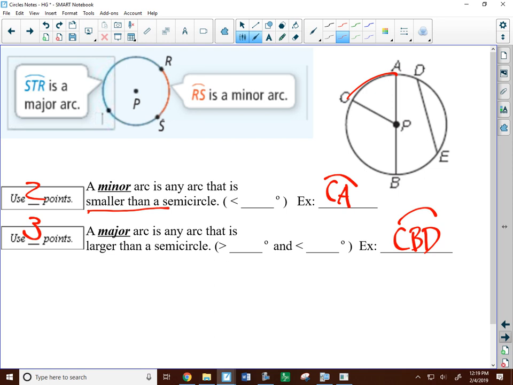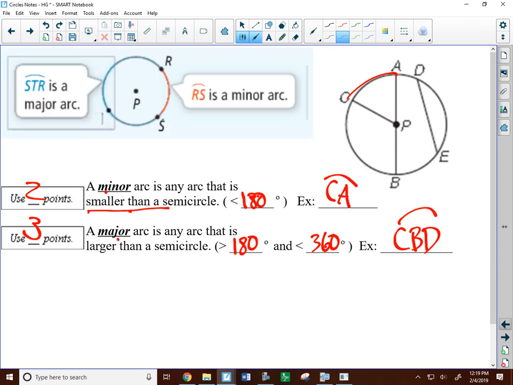You're pretty much going to use the fact that a semicircle is 180 and a full circle is 360, and you'll be able to add and subtract other measures from that. The one thing we do know is that a minor arc has to be less than 180 because it's less than a semicircle. And a major arc has to be greater than 180 because it's bigger than a semicircle, but less than 360 because it's not a full circle.